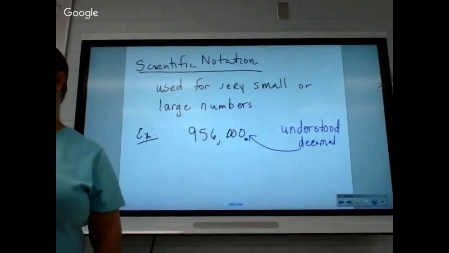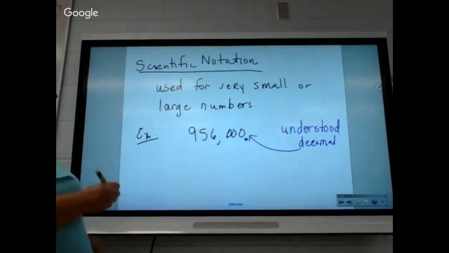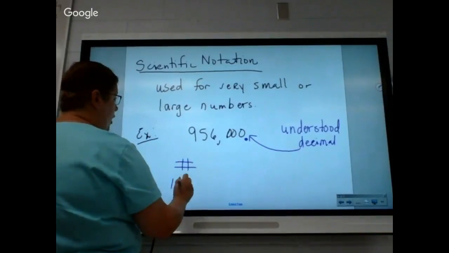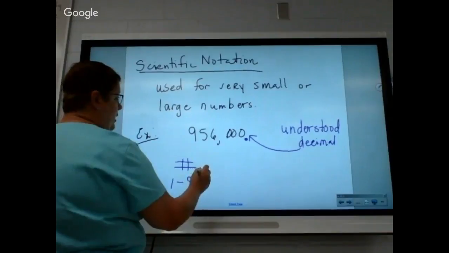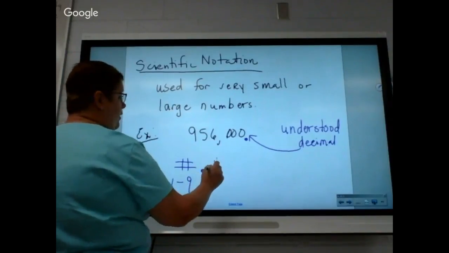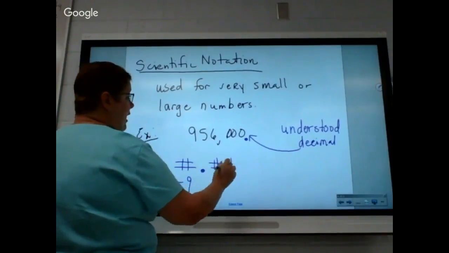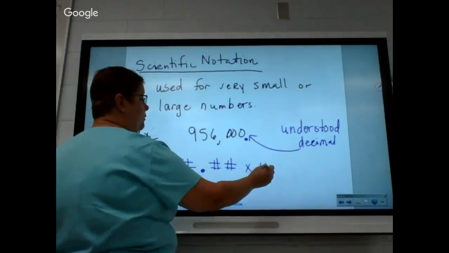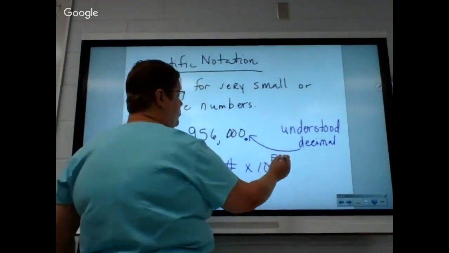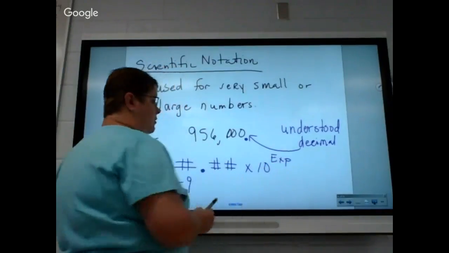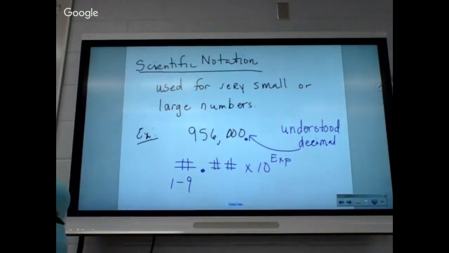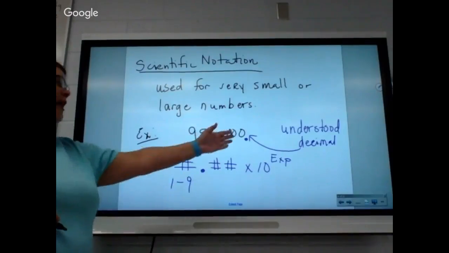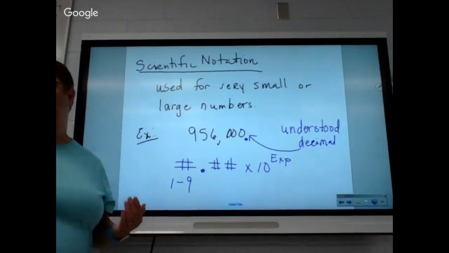Scientific notation is designed to be a number between 1 and 9, a decimal, and then any number of numbers you want after that, times 10, and then an exponent. So, if I have to have a number between 1 and 9, how far do I have to move that decimal?